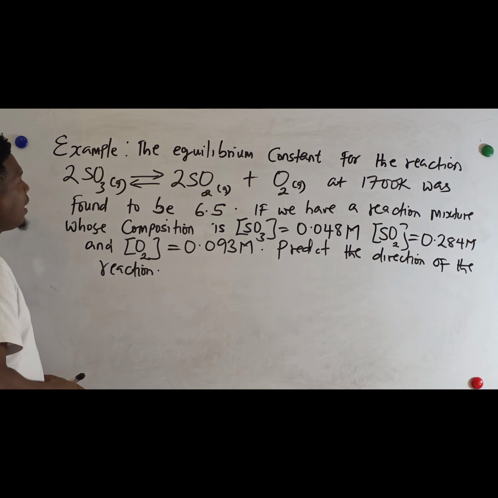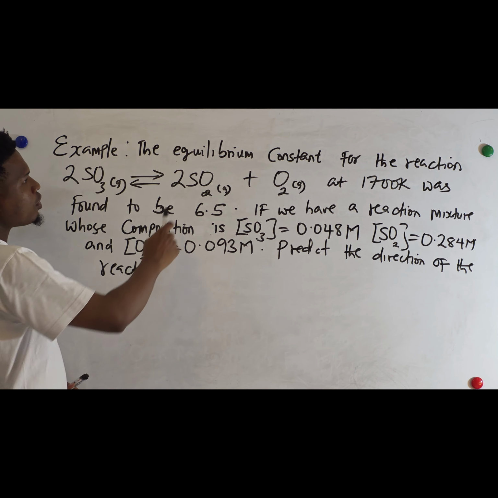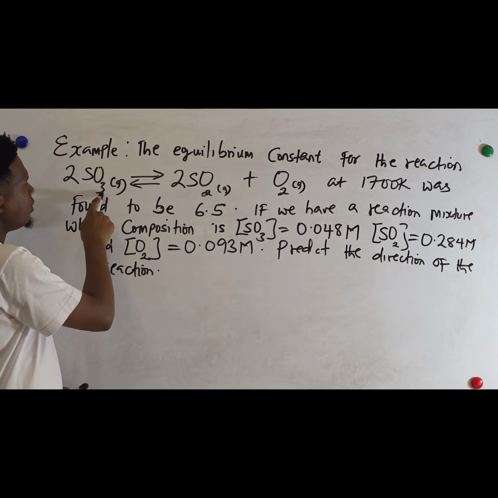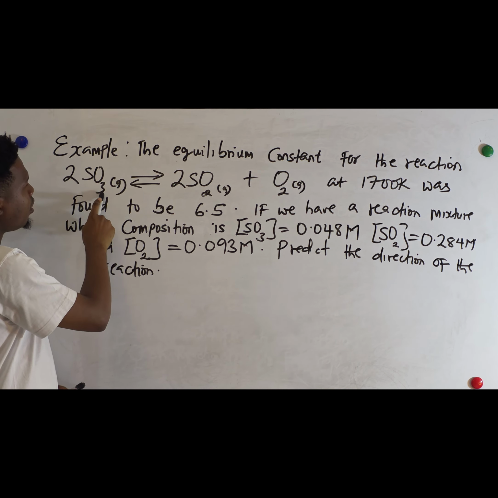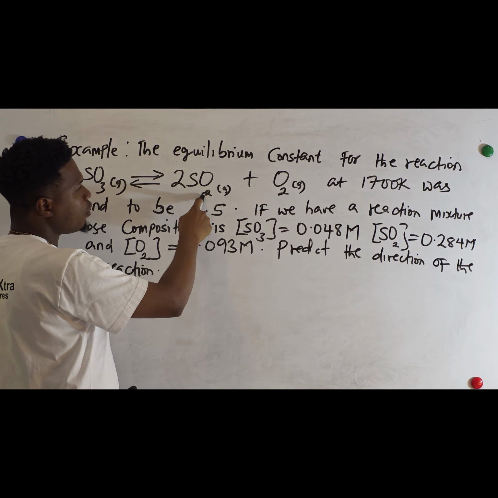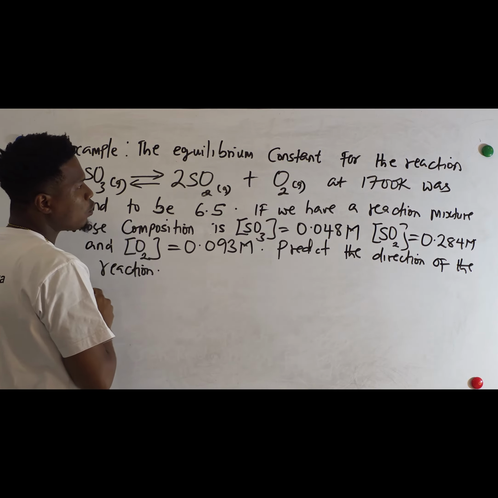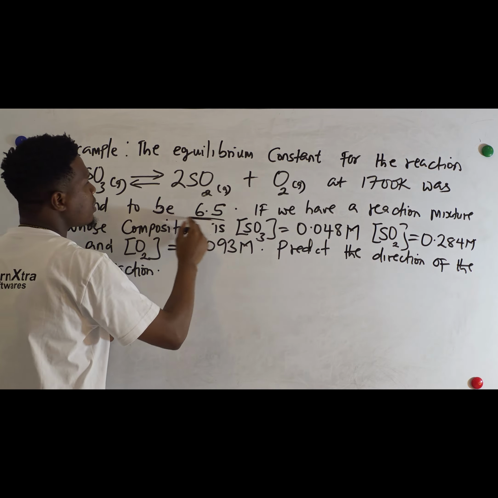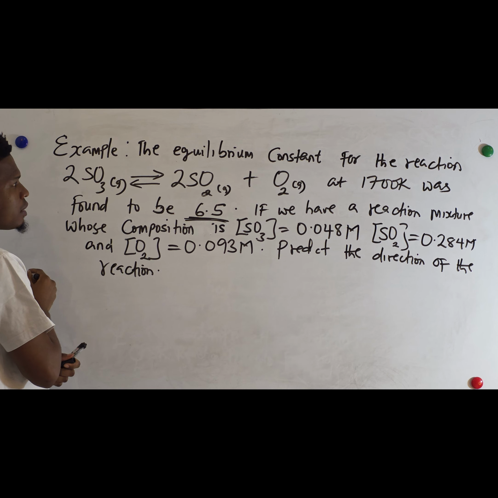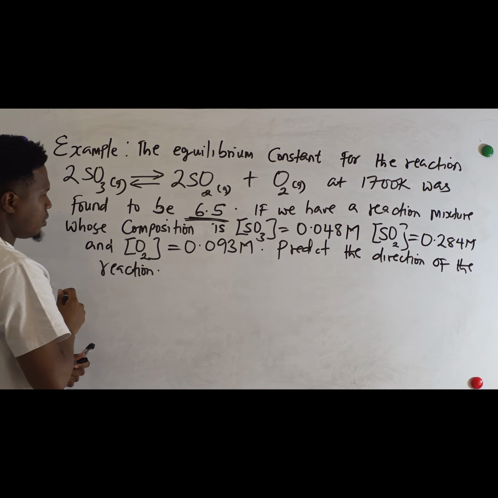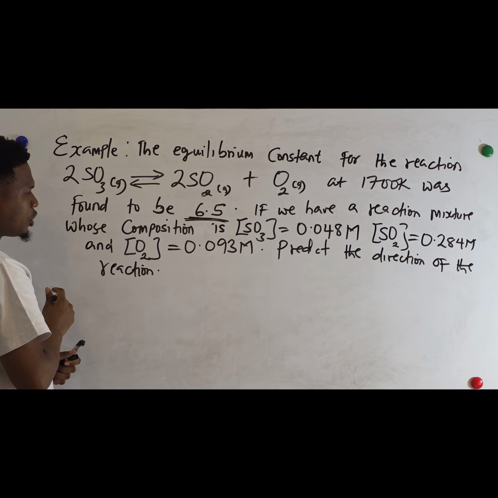The equilibrium constant for the reaction, sulfur trioxide decomposing to give sulfur dioxide and oxygen at 1700 Kelvin, was found from experiments to be this value. If you have a reaction mixture whose composition is this, predict the direction of this reaction.